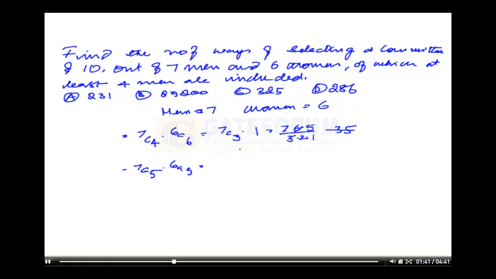So therefore we can write again 7C5, which is 7C2, because nCr is equivalent to nC(n minus r), again 6C5, which is 6C1, so that is equivalent to 7 into 6 by 2 into 1, again if you take here just 6, by cancelling here, we get 21 into, so that is not 42 into 3.